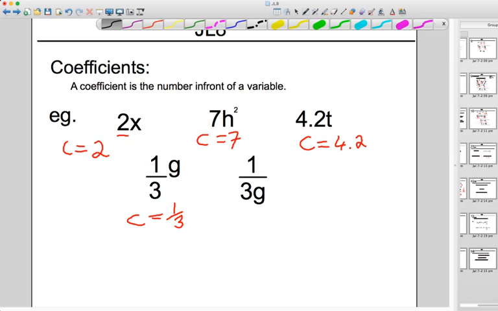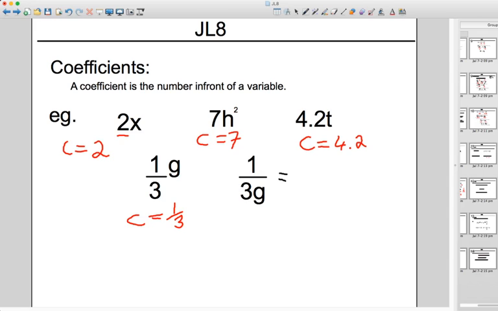So if I was to rewrite this very slightly, it would look like this. And then it would be 3 to the minus 1, g to the minus 1. So your coefficient there is 1/3 to the g to the minus 1.